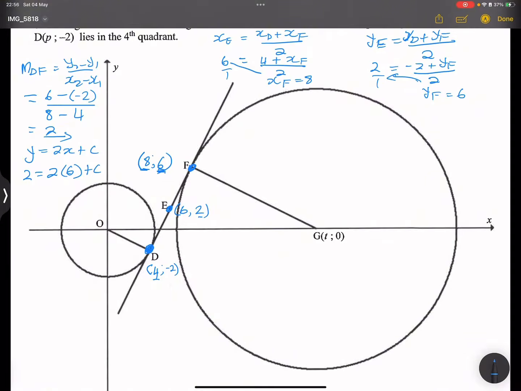Right, if I take this to the other side, it becomes -10. So C is -10. So we can write that equation in the form y is equal to 2x minus 10.